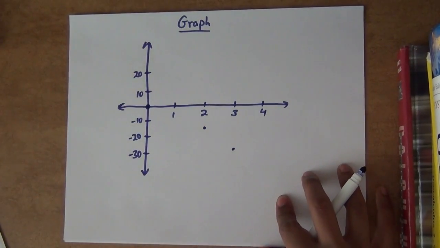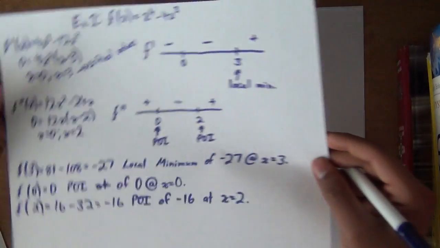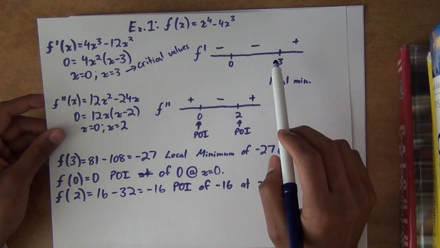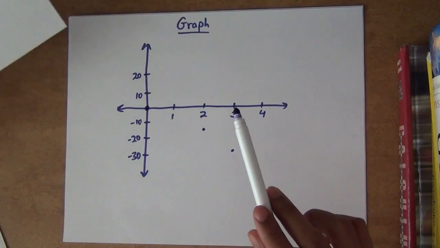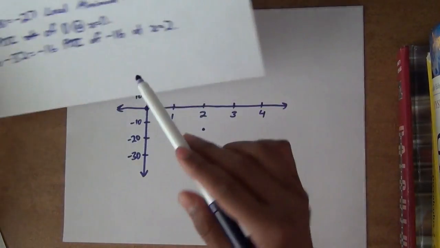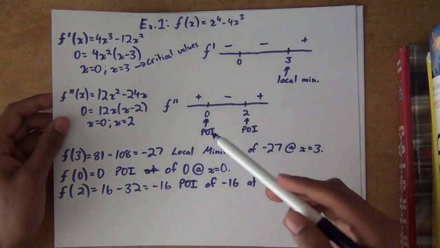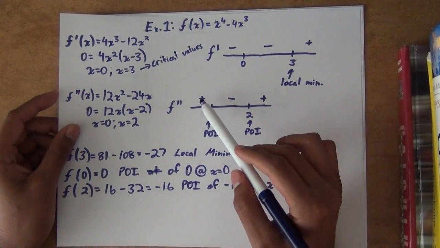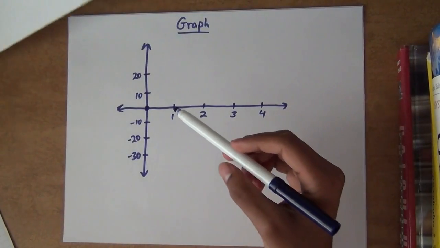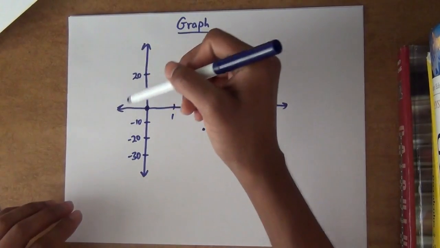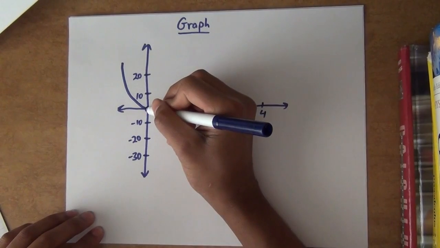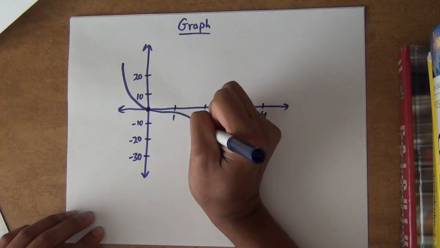Okay, so from our previous sheet we can tell that, okay, what am I looking at? Okay, so we're looking at 0, 0 here, which is the leftmost point. So the concavity was positive before 0 and negative after 0. So a positive concavity opens up and a negative concavity opens down.